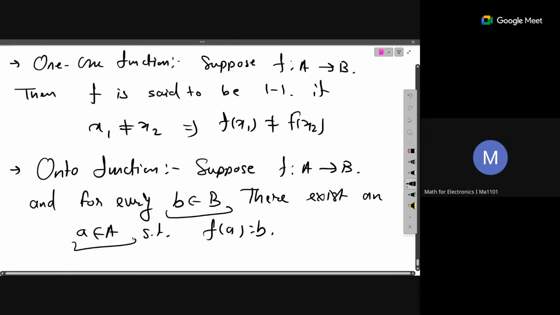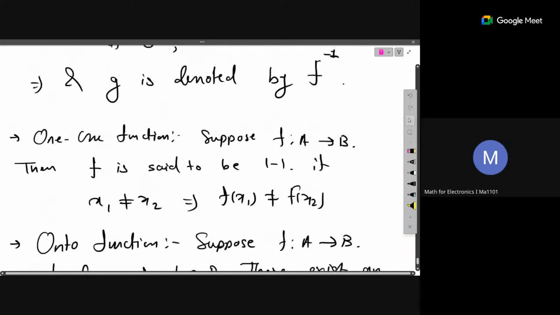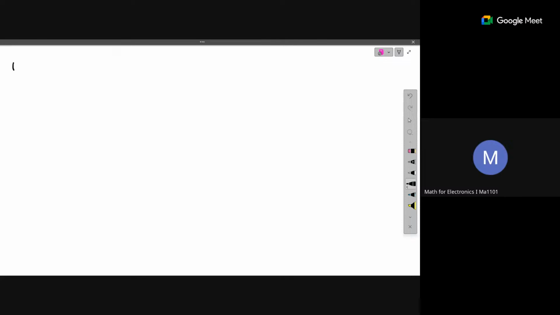I'll ask you very simple questions here. Let's try to answer them. Then I'll tell you the two to three ways to say that a function is one-one, and I'll show you the graphical approach: if you have the graph of a function, how can you judge whether it is one-one or onto. First, let's solve some very simple examples.